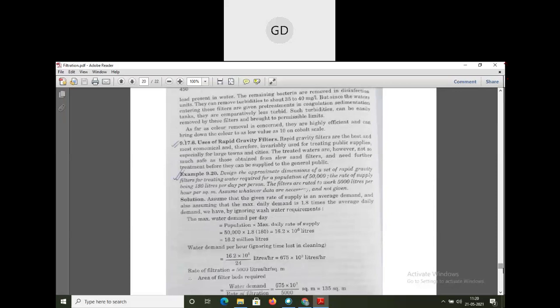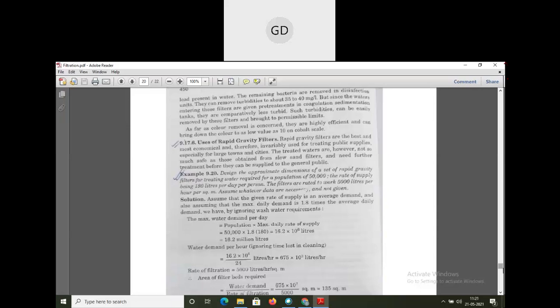The percentage of removal of bacteria in slow sand filters is more than in rapid gravity filters. But due to the causes which I told you, for which rapid gravity filters are used nowadays, the treated water is not that safe for drinking purposes.